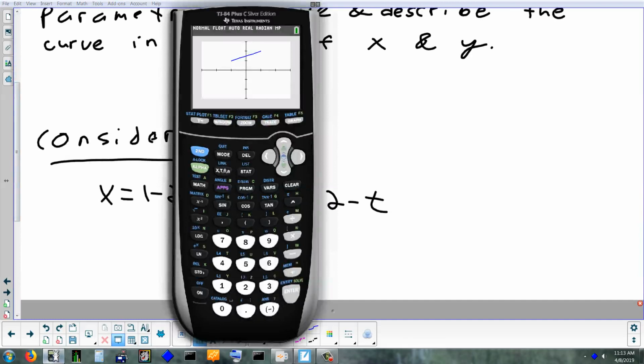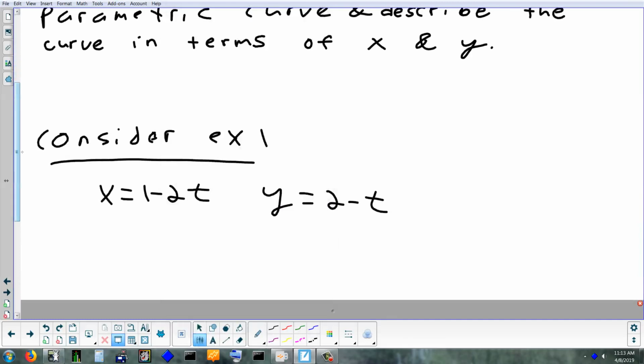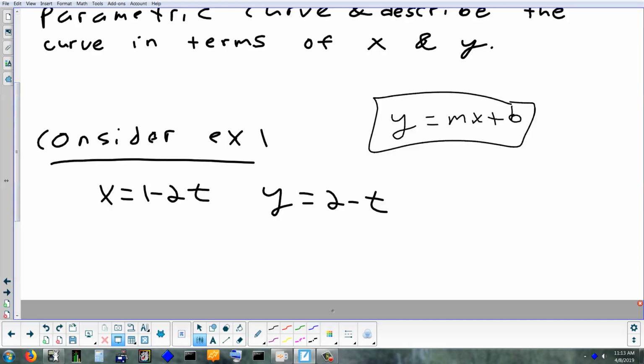That's a line segment. What's the formula that you usually use for the equation of a line? It starts out y equals mx plus b. That's what I want to get when I'm done here. Are you always going to get a line? No, this one's not a curve. It's a nice straight line. But the process of getting whatever it is you're going to get is exactly the same each time.